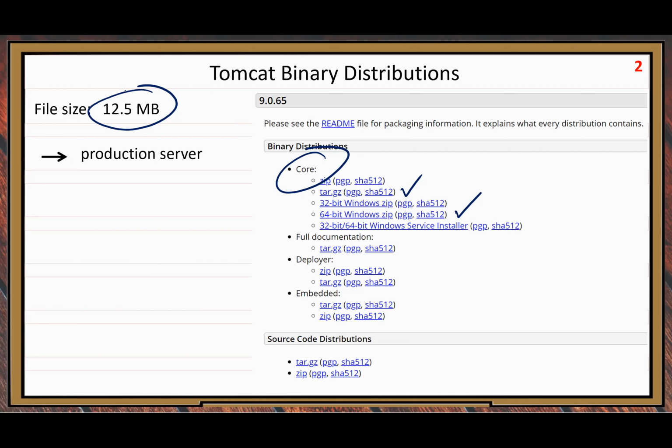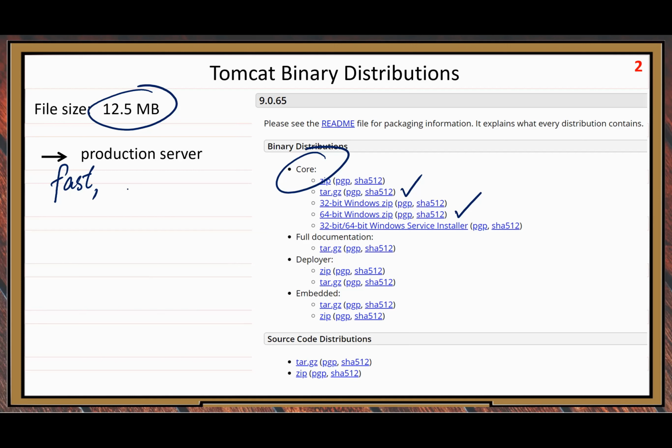And specifically for a production server, it should have these three properties. First, it should be very fast. From the performance point of view, it is good enough, very fast.